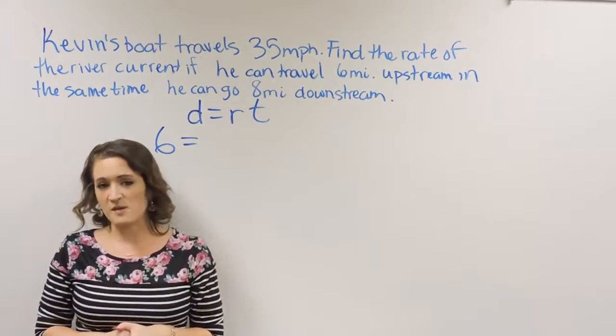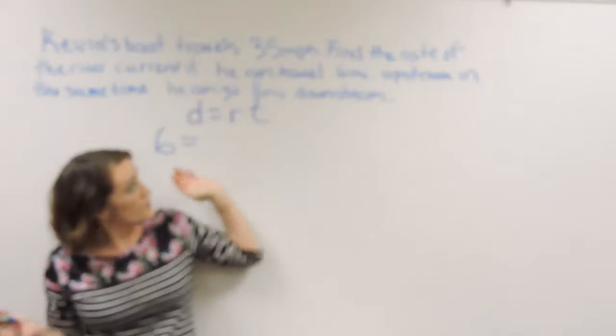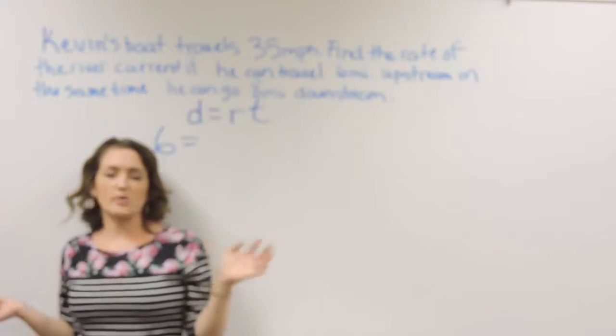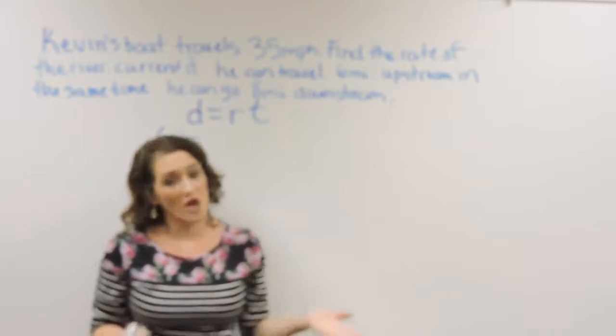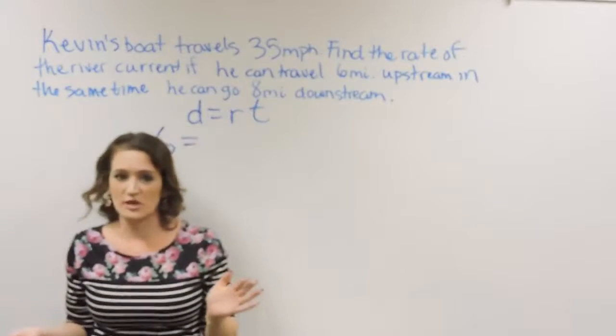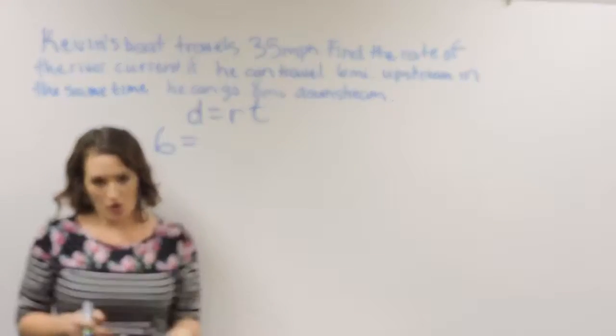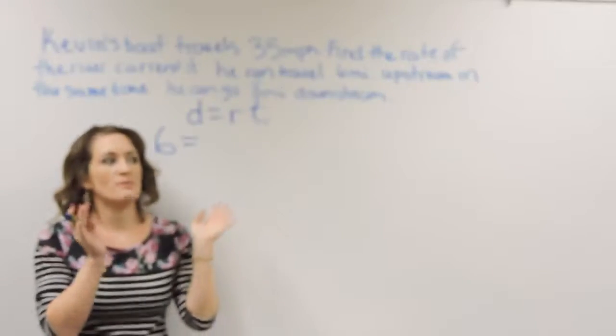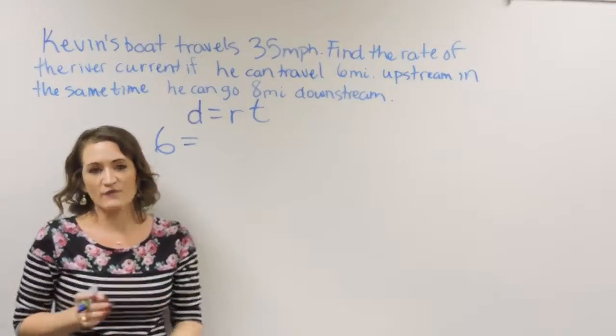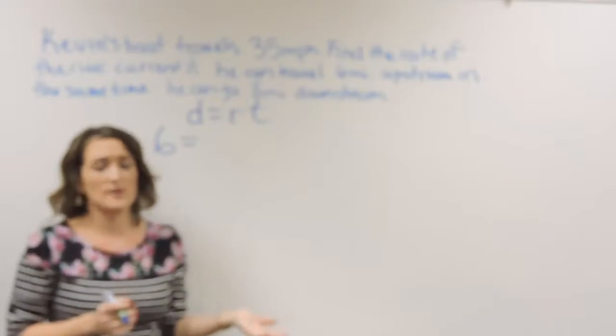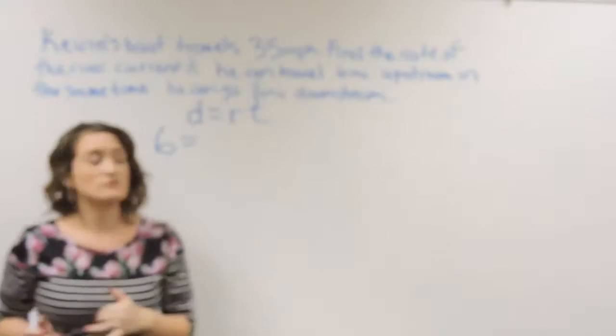Another big part of this problem is that the rate is going to be different whether we're going upstream or downstream. Think about it: if we're going upstream, we're fighting the current. It's harder to travel upstream against the current than downstream.